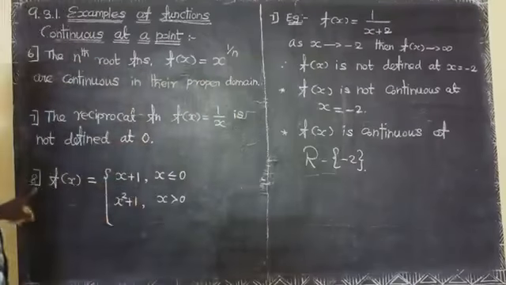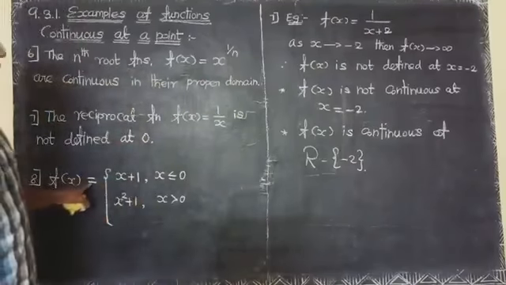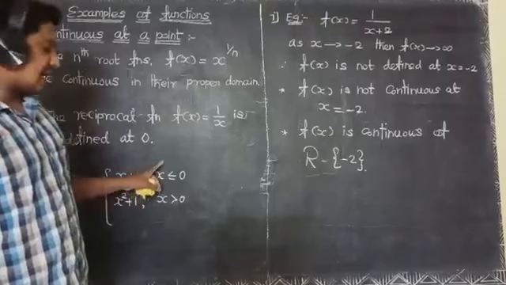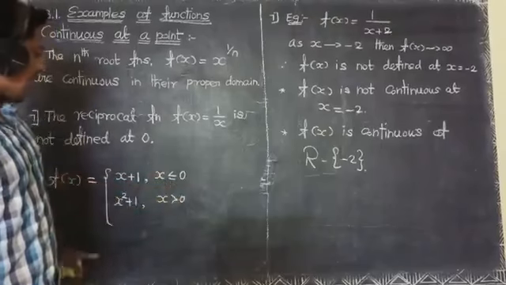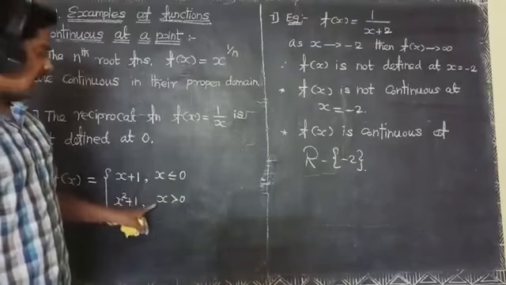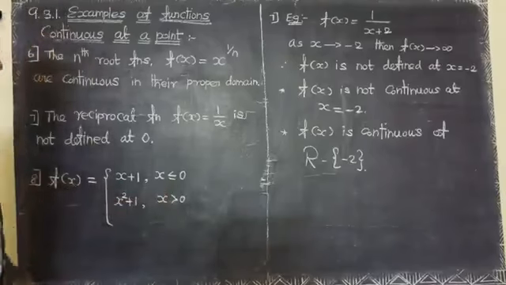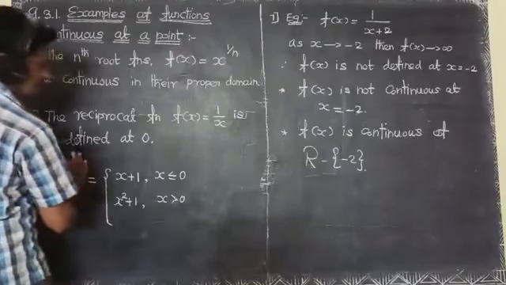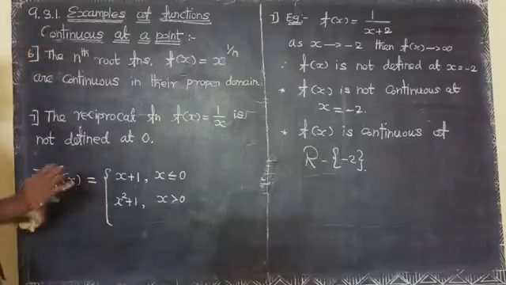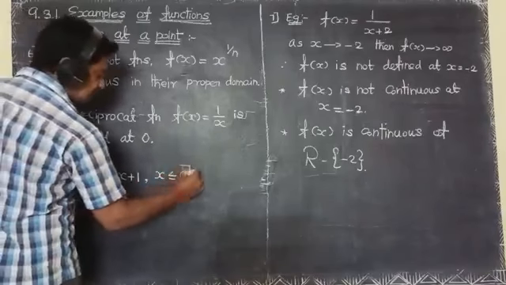Next, 8th point, f of x equal to x plus 1 for x less than or equal to 0, and x square plus 1 for x greater than 0. Here, verify whether the given function is continuous or discontinuous at x equal to 0.